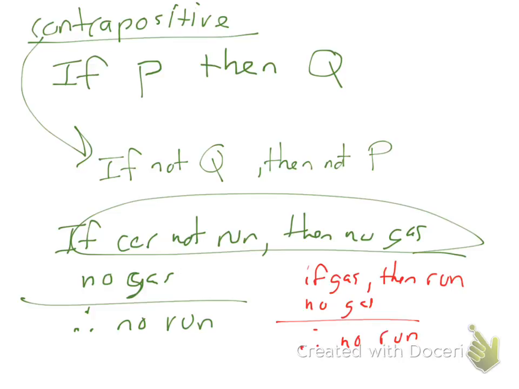No. It does not relate to the fact that we still are not talking about the car having gas, it's saying not gas. The only way for this to work is if the car has gas, then it will run. But I'm in a spot where I have no gas, which is a good thing for you guys. And then, therefore, it won't run. It's not valid.